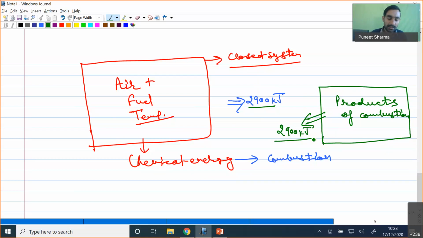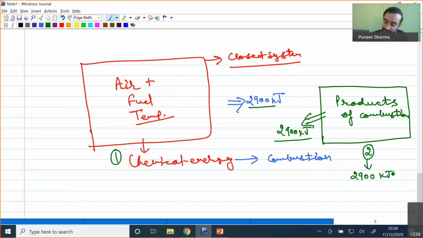Because of the combustion process, the temperature of the system has increased, and to bring the system once again to thermodynamic equilibrium, that amount of energy will be released to our surroundings. So at this second thermodynamic state, the system has a loss of 2900 kilojoule of energy.